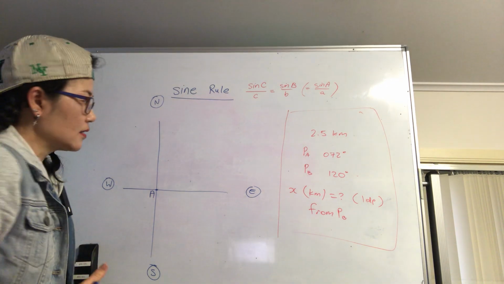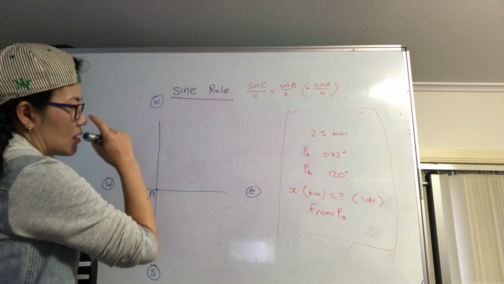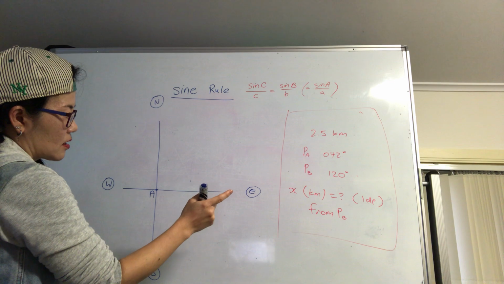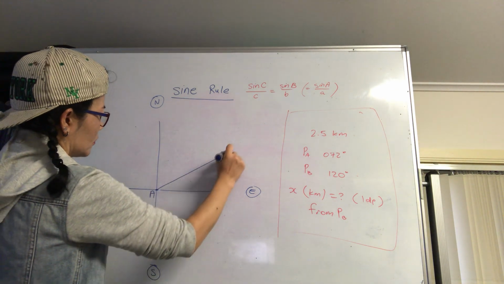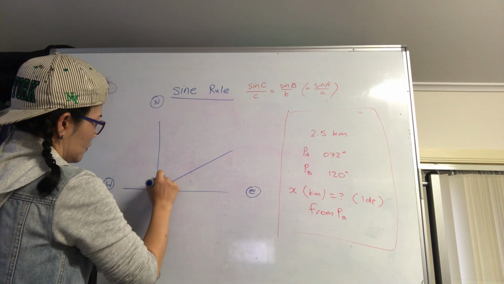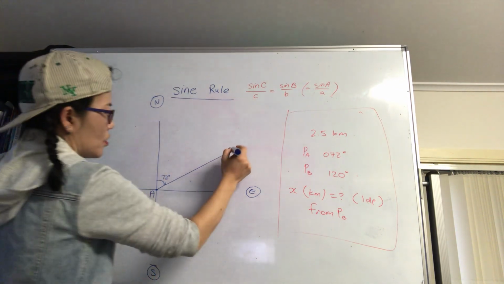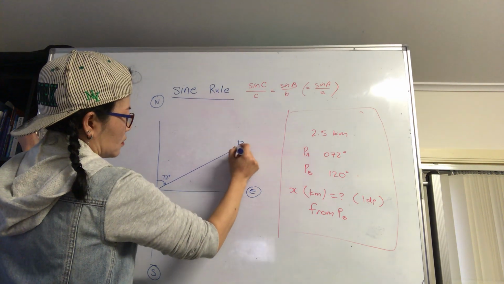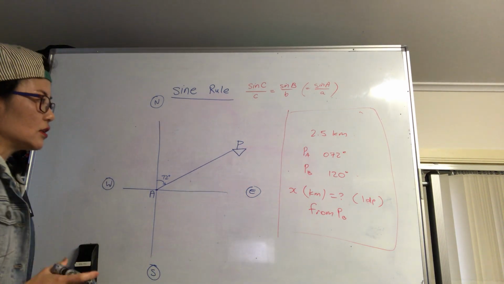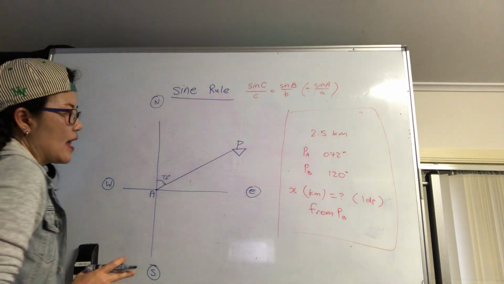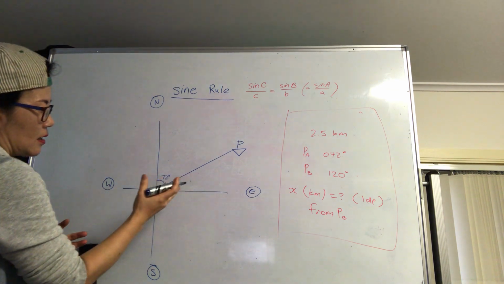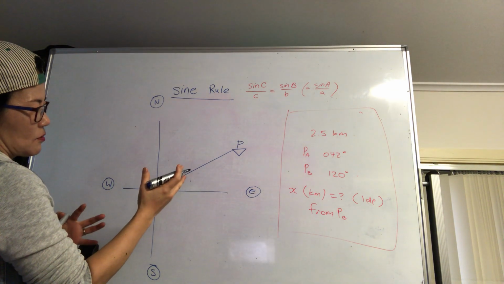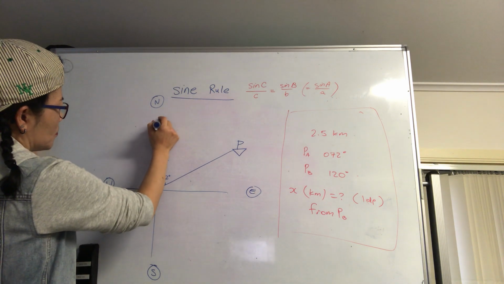Person A is here, and the boat is 072. That's 72 degrees. So the boat is here. And then person B is on a 120 degree bearing. So I'm going to go, B is here.